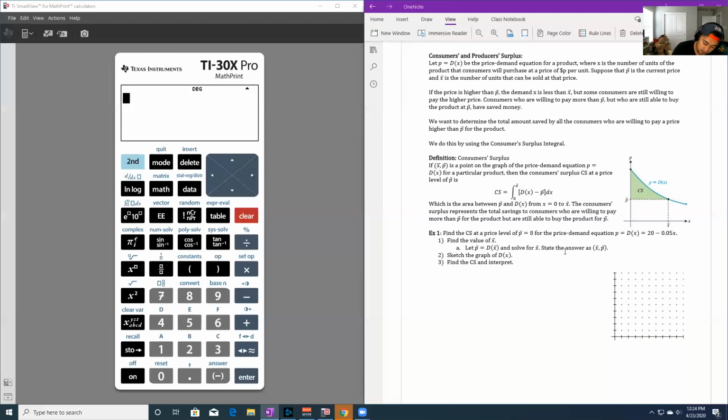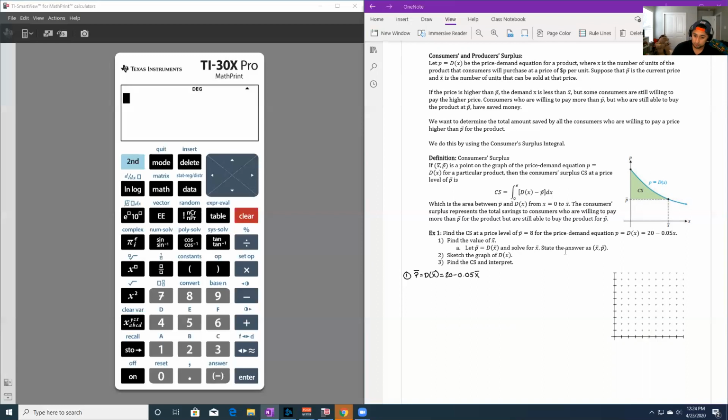So right here, step 1. We're going to let P bar equal D of X bar, which will then become 20 minus 0.05 X bar.